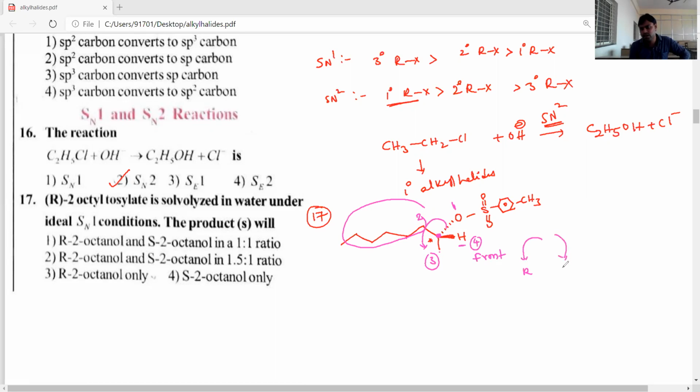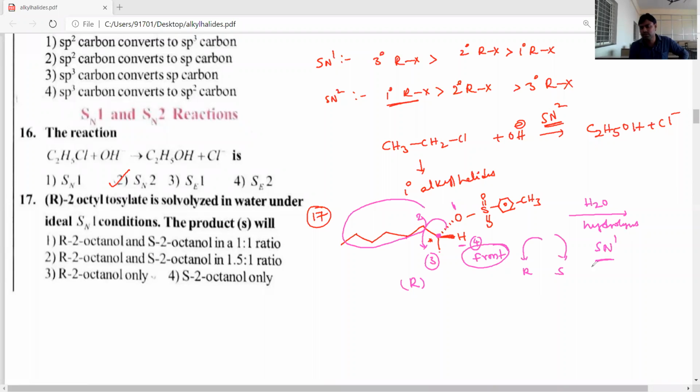Clockwise direction is called S. When the least priority group is on front, then this is R configuration. On hydrolysis, hydrolysis taking place. Solvated water means hydrolysis, then the product under SN1 mechanism, what is the product?